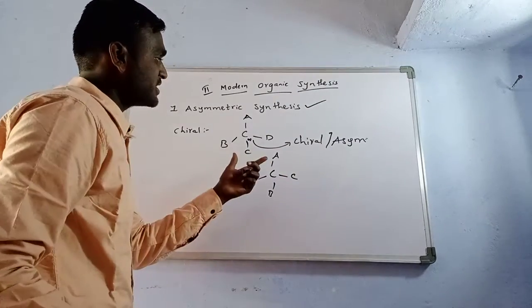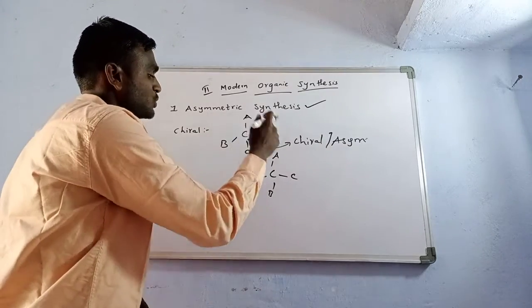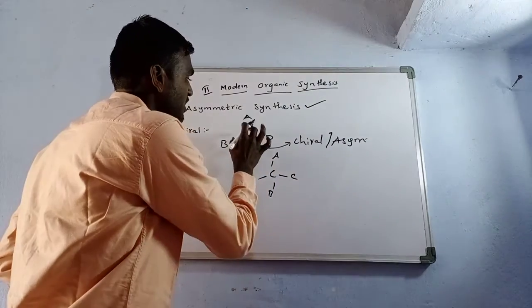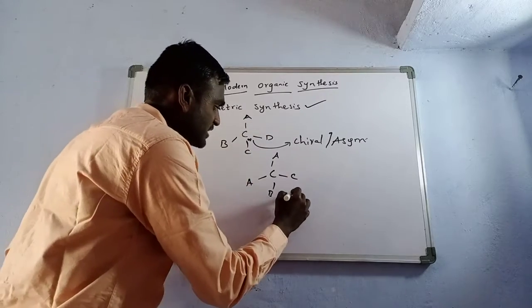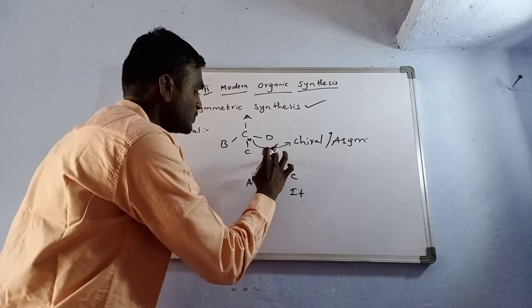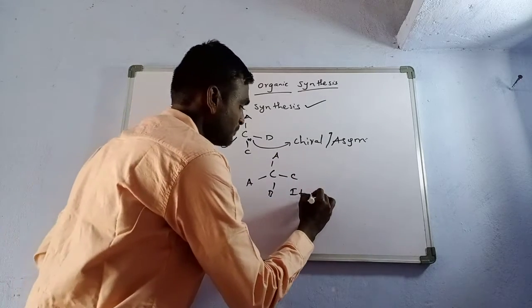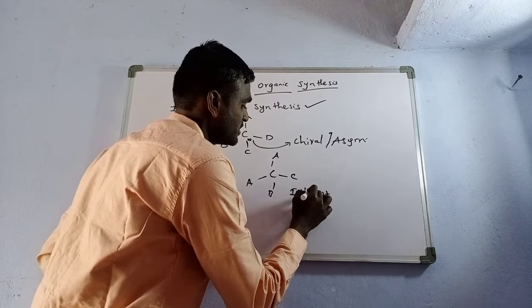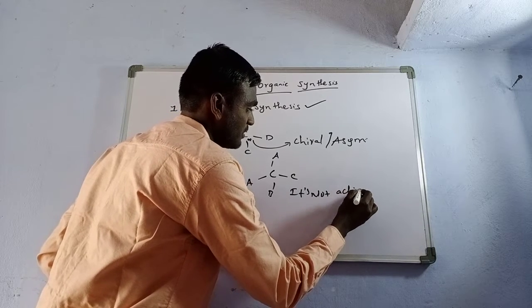What is the chirality condition? The carbon which is attached to four different groups is a chiral carbon, and that chiral carbon will have a chiral center. It is not chiral because the two A groups are similar groups, so it is achiral.